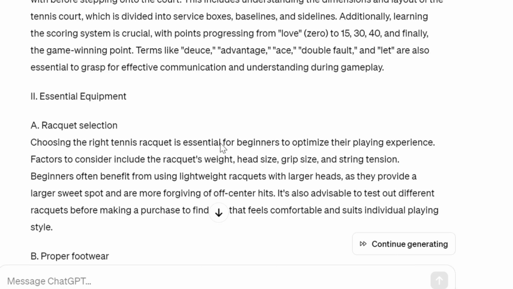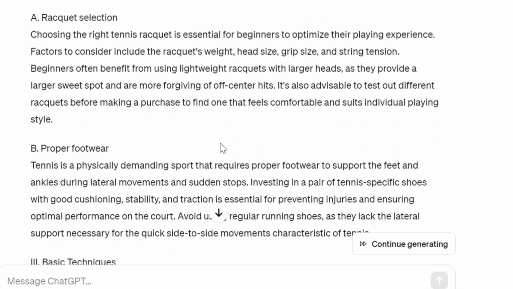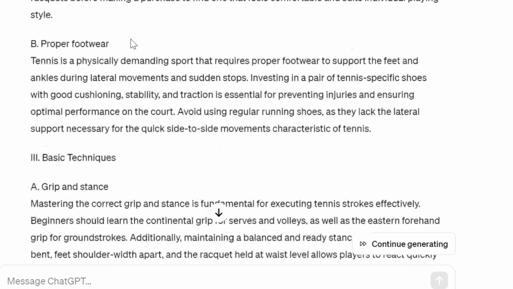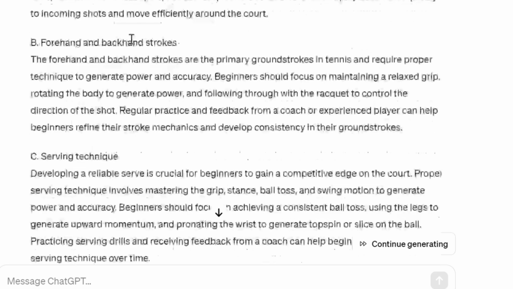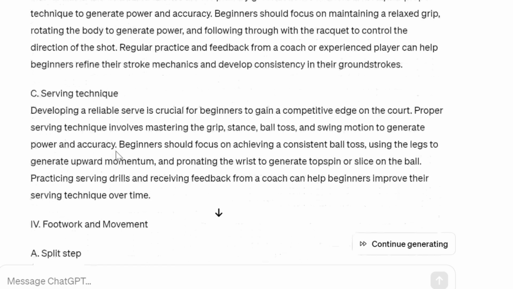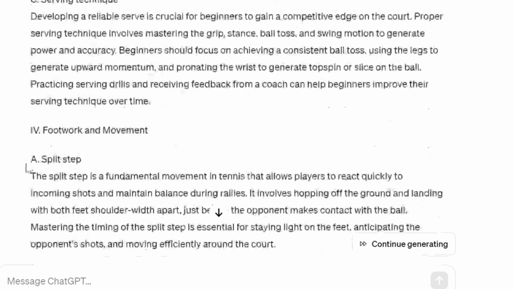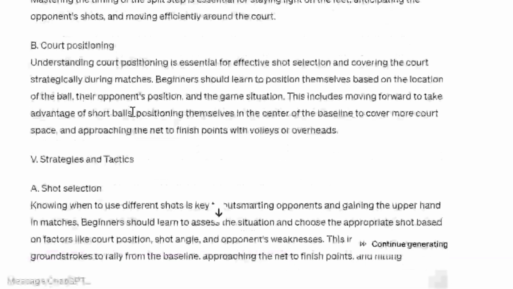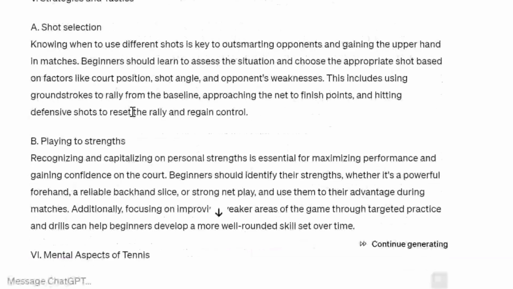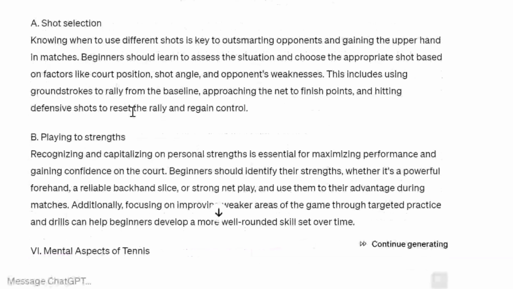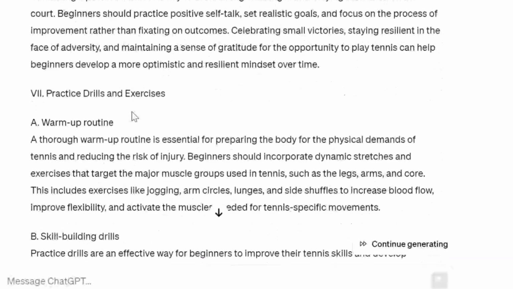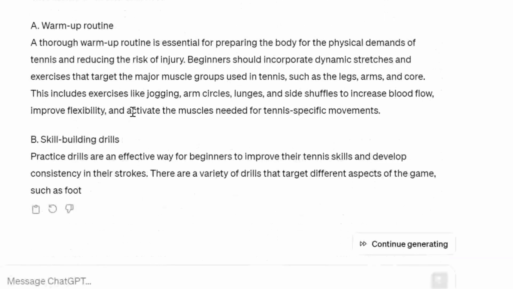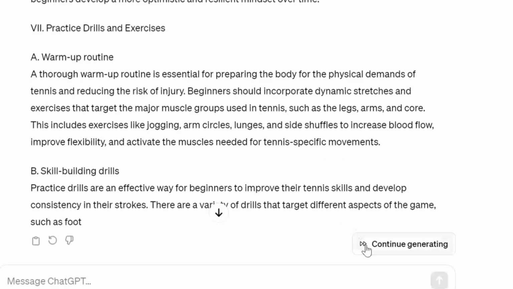So let's see if it's used these terms or explained these terms in any part of this presentation outline that it's created. So we have grip and stance, forehand and backhand strokes, serving technique, footwork movement, court positioning, shot selection, playing strengths, mental aspects is not going to be in there. Warm-up routines, skill building drills.